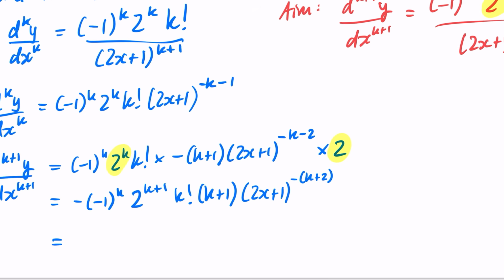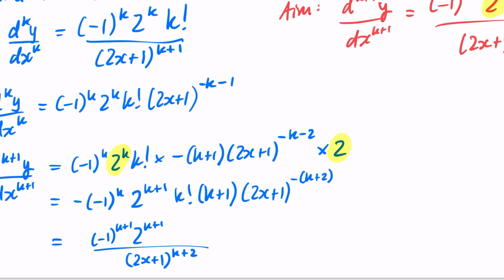So I think we're ready to go to the final stage, because this part is going to go down in the denominator as (2x+1)^(k+2). If you have a minus with a minus 1, that's like a minus 1. You can change this to a k+1. So this is (-1)^(k+1) 2^(k+1).